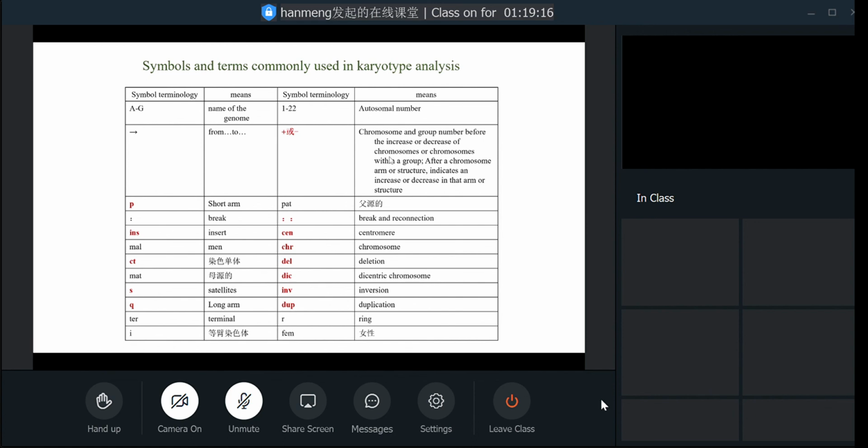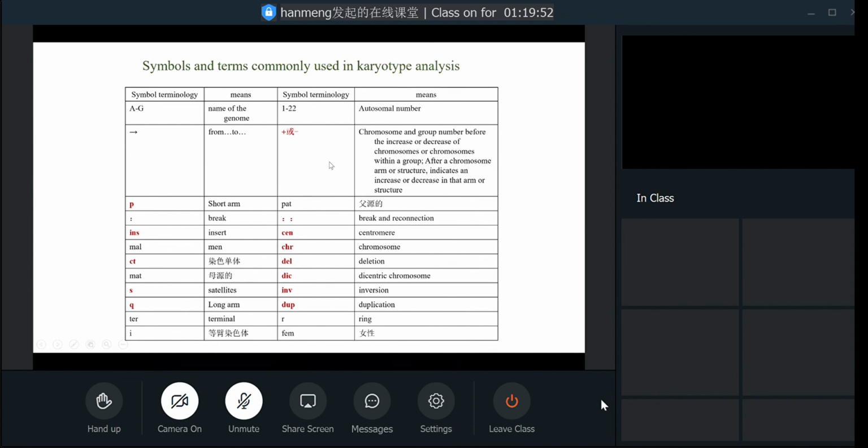But in medical genetics, you should know the karyotype and how to describe a karyotype, how to get a chromosome band, and how to describe a chromosome band. These symbols and terms will be used in karyotype analysis.